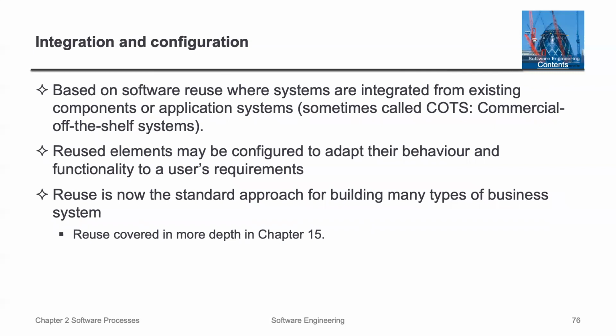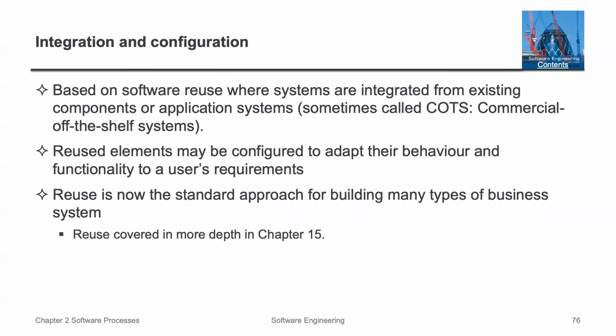But what about integration and configuration? This is based on software reuse, where systems are integrated from existing components or application systems, and sometimes this is called COTS, if you've never heard this term, which stands for commercial off the shelf. So you could have COTS systems in various components that you're trying to aggregate together.